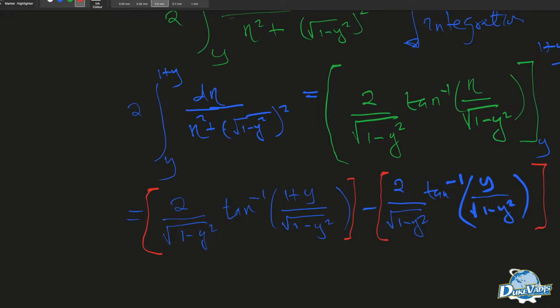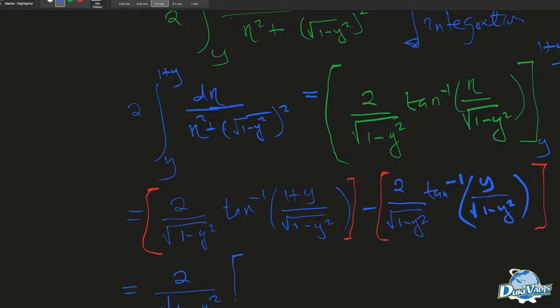So when we do simplification, you all know that we can bring 2 over square root 1 minus y squared out of the equation.